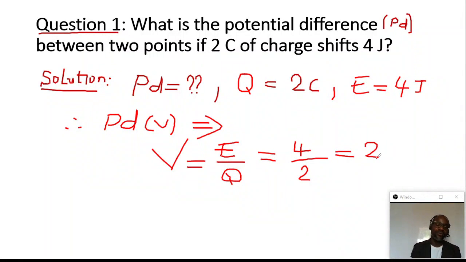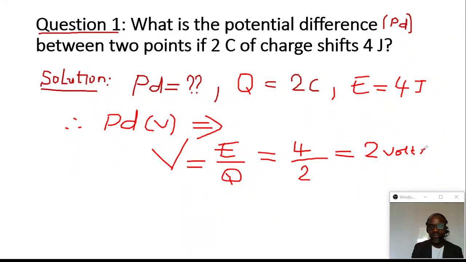2. It means that the potential difference across that component is just 2 volts. We need to write it in full to avoid confusion. I think we have done something similar to this previously.